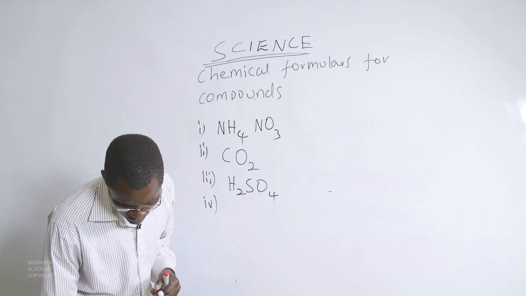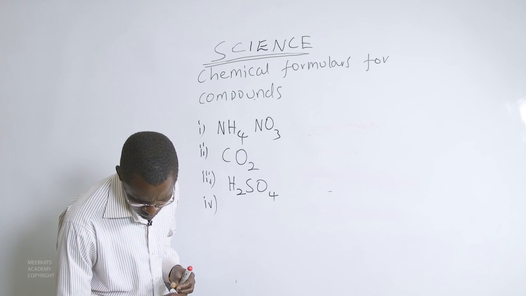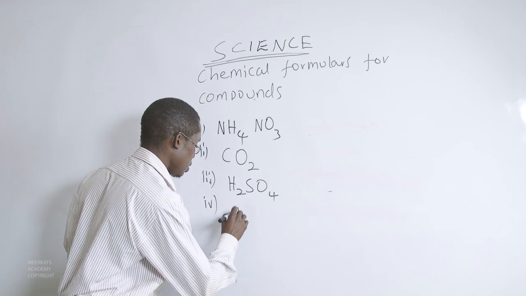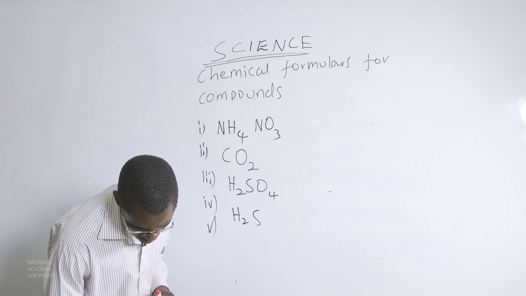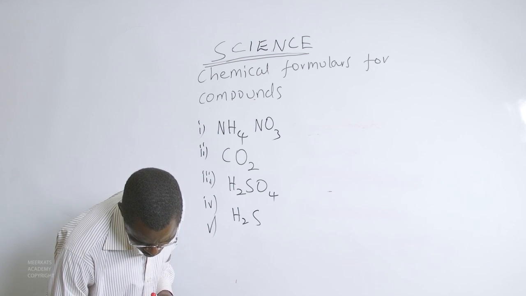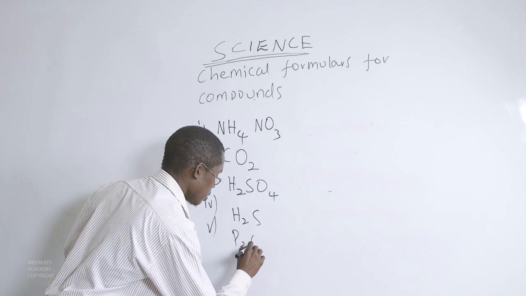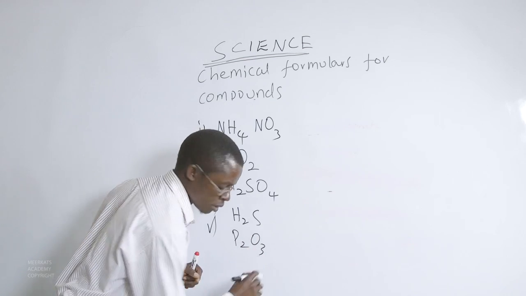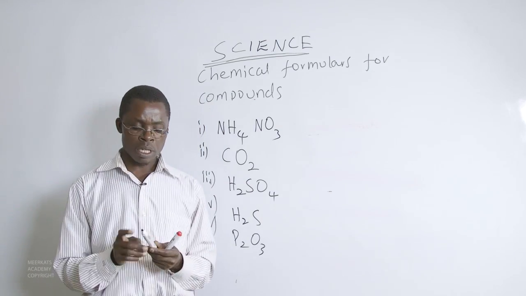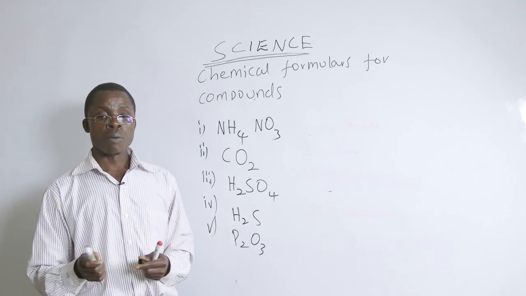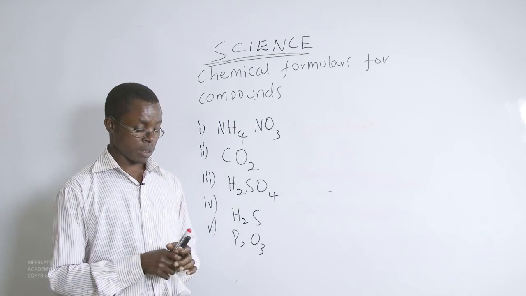You can also have another one, and number 5, we can have it as P2O3. So let's look at the 5 examples we have and see how we can get their names.